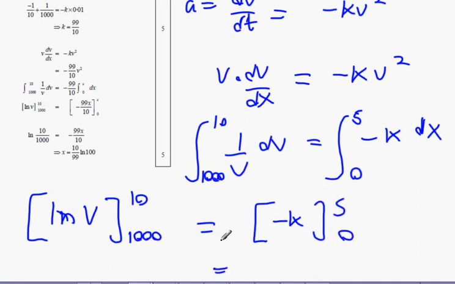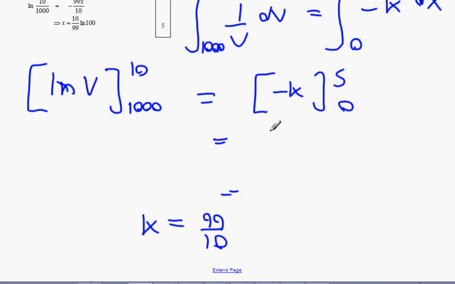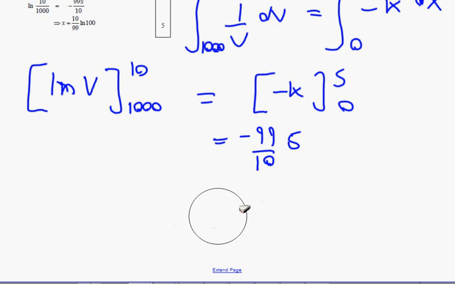So it's going to be minus, now what did we say k was again? 99 over 10. So it's going to be minus 99 over 10 s. And what was ln 10 minus ln 1000 last time? We did it before, didn't we? No, sorry, we didn't. So it's going to be ln 10 minus ln 1000.